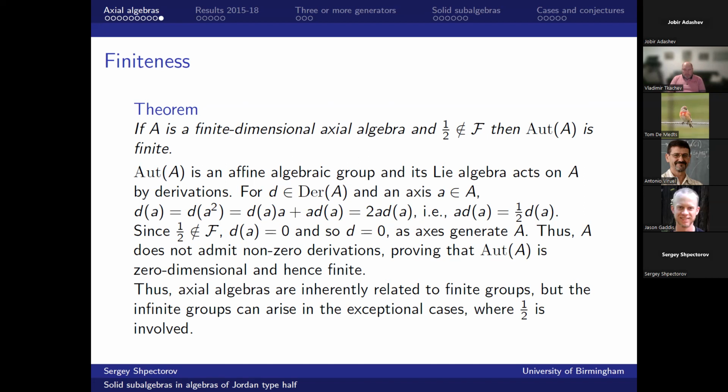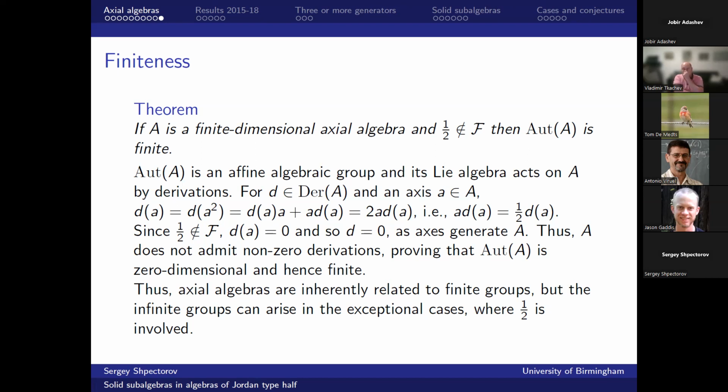Then its Lie algebra has a positive dimension, and this Lie algebra acts by differentiations. But if you take a differentiation of the algebra and you take an axis, then this little calculation shows that the image of A under the derivation is a 1/2 eigenvector. Okay, so if you don't have 1/2, you cannot have any 1/2 eigenvectors.